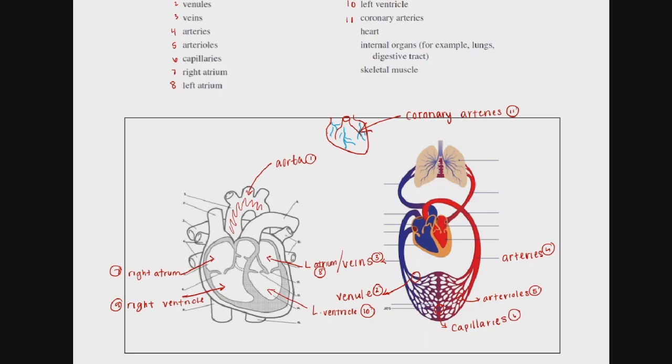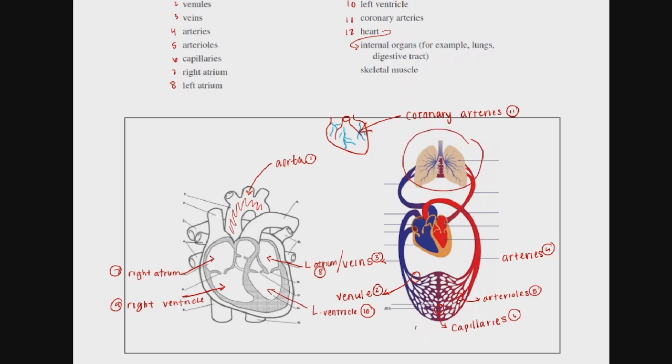Okay, the heart, obviously, we're seeing that right here. That's what we've been labeling as the heart. Oh, it says heart internal organs. Sorry, this must have been a typo. So heart, internal organs, lungs, digestive tract. We can see that more clearly here on the right side where we're seeing the lungs.